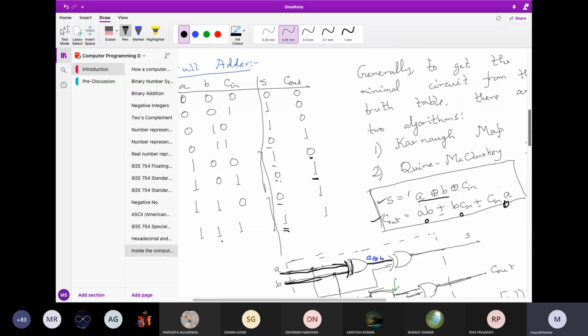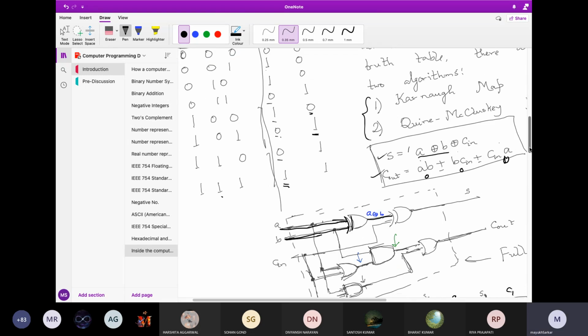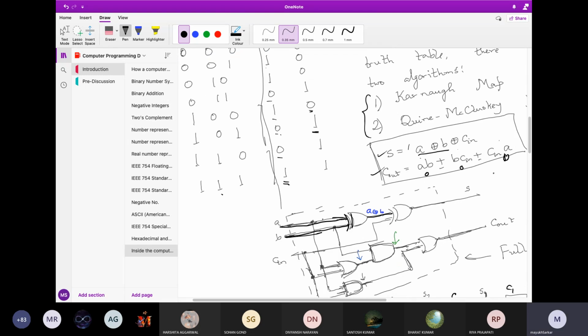Now if you ask how did I understand that this equation is satisfying this, for that you have to understand these two algorithms, right? But don't worry, here the full adder equation is already very well known to those who have studied digital. So this is already very well known. So I have written them directly.